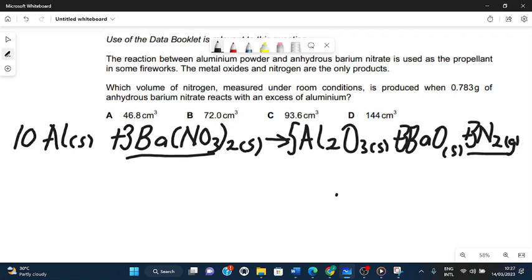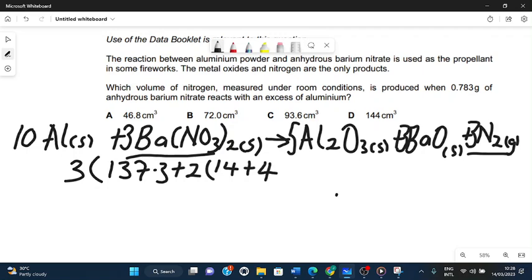So it will be 3 bracket, barium, the relative atomic mass of barium is 137.3, plus 2 bracket, nitrogen is 14 plus oxygen is 16. So 3 times 16 is 48.